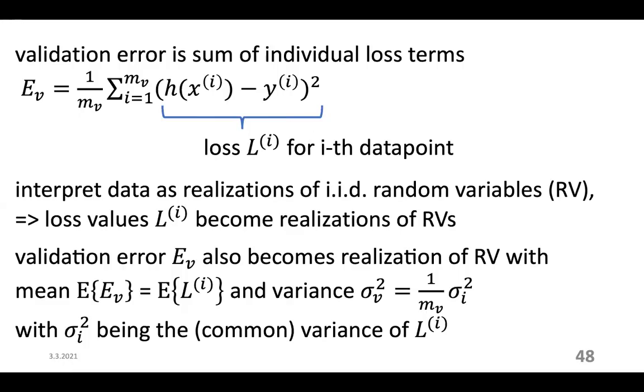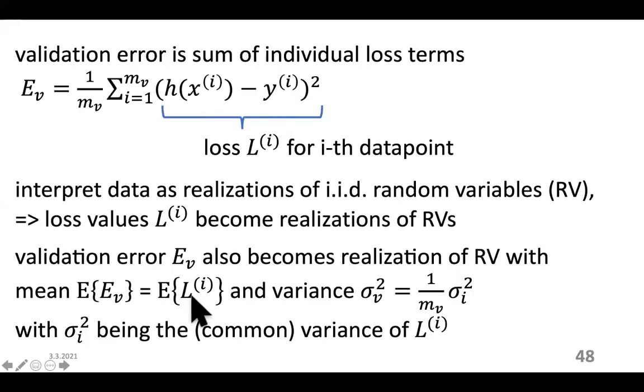And then some of you might have heard already, this might ring a bell, those who had a course on probability theory: when you compute the average over many IID random variables, then you can use strong, powerful results of probability theory, which tell you that this average will become more and more concentrated around the mean, the expectation of these random variables.